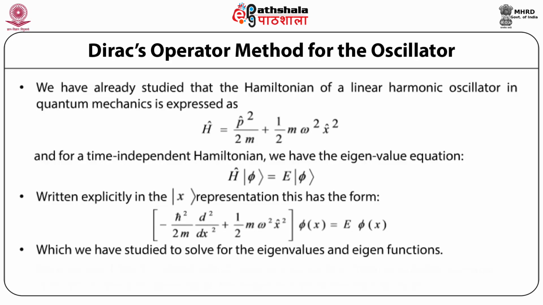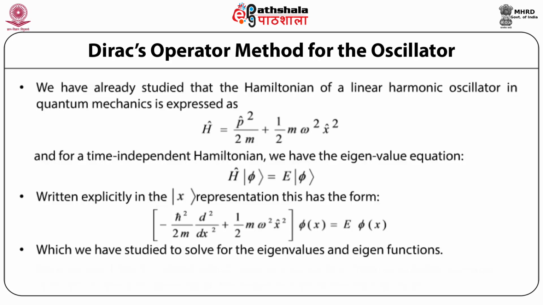Written explicitly in the position representation, that is in the ket vector for the position representation, this has the form within brackets minus h cross square by 2m double differential with respect to the position x plus half m omega square operator x square whole times phi x is equal to E phi x.